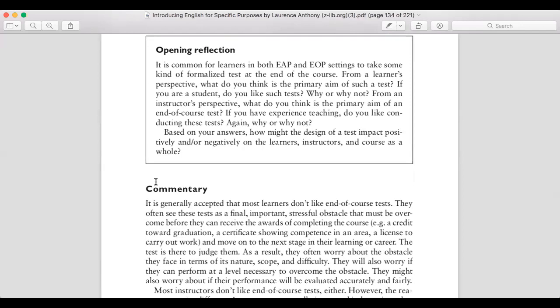Okay, so we are going to start it with a reflection, and we are going to look at how evaluation or tests, maybe end term tests or any kind of exams, are looked at by the students, and how teachers feel about evaluating the students on these tests.